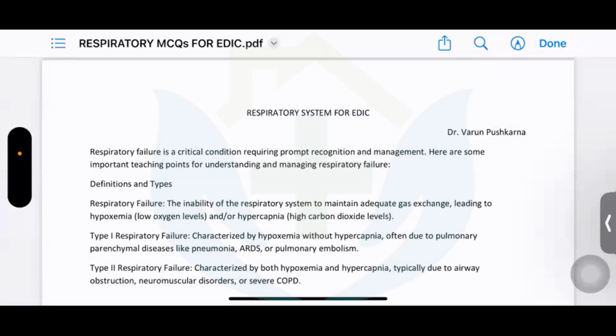Whenever there is a problem either with oxygen supply or delivery, or removal or elimination of carbon dioxide, when the lungs or the system fails to perform its duty, we call it respiratory failure. Like a lazy or poorly performing student, who is either acutely failing or chronically failing, the respiratory system also works in the same pattern.